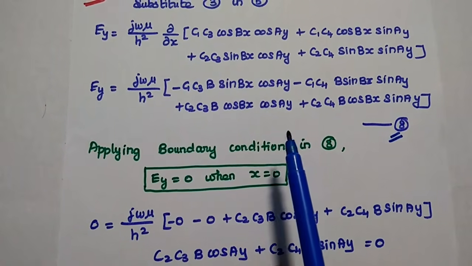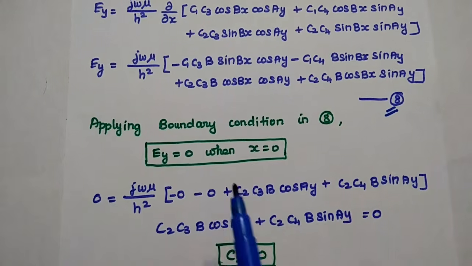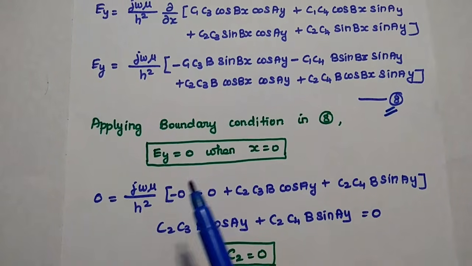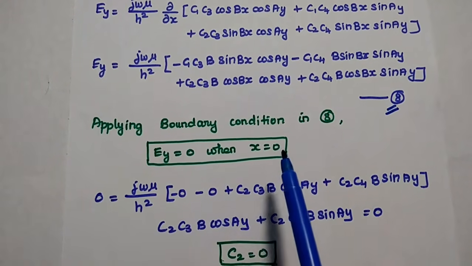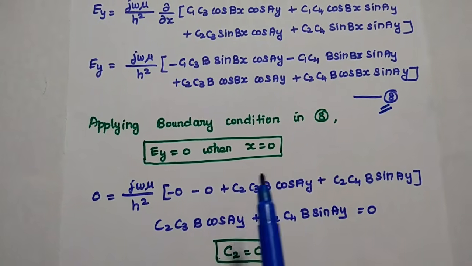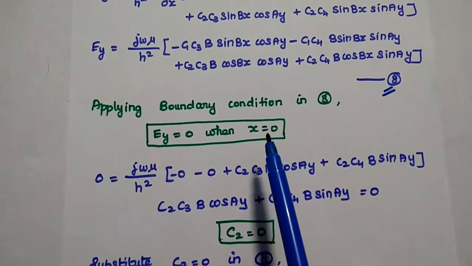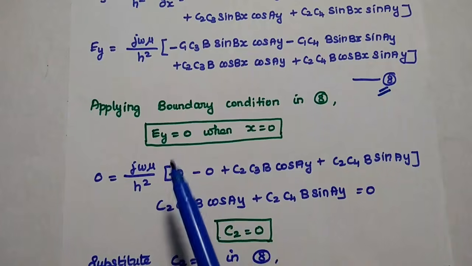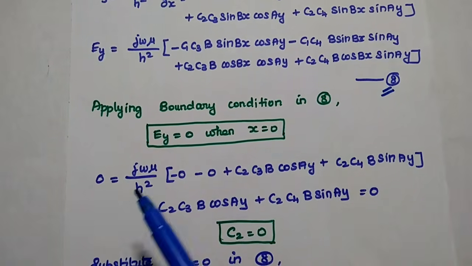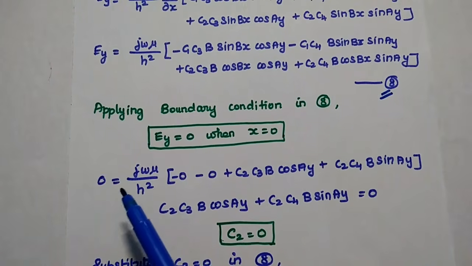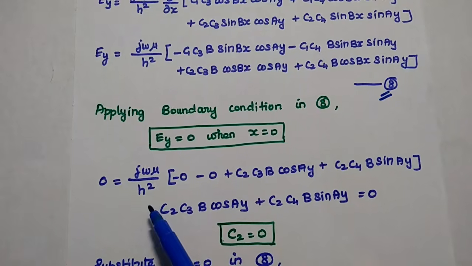For this Ey component, we can consider the boundary condition Ey is equal to 0 when x is equal to 0 and x is equal to a. Okay. So first we can take the x is equal to 0 condition. Then this eighth equation is written like this: 0 is equal to j omega mu by h squared.